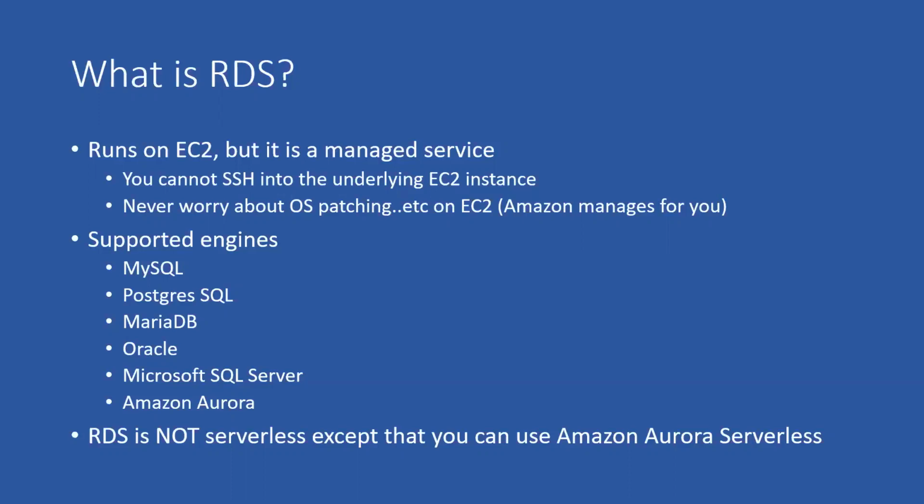Any questions there? So, Venkat, are we basically charged for running the EC2 instance behind that RDS, or are we charged for the storage that we used? It's both, and we don't have to worry about how much for EC2, how much for storage, and how much for the actual, let's say, Oracle license.